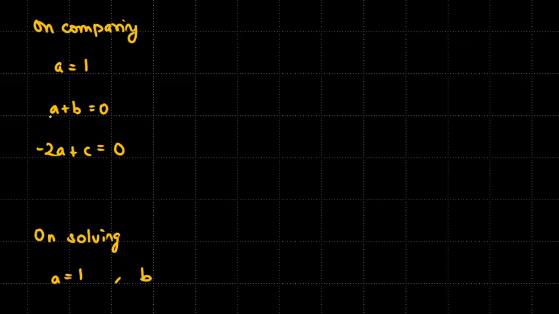Put a equals 1 over here, and we get b equals minus 1. Finally for c, put 1 over here, and we get plus 2. So now we have the equation that we need, which is m equals k times F to the power of a, which was 1, L to the power of b, which was minus 1, T to the power of c, which was 2.